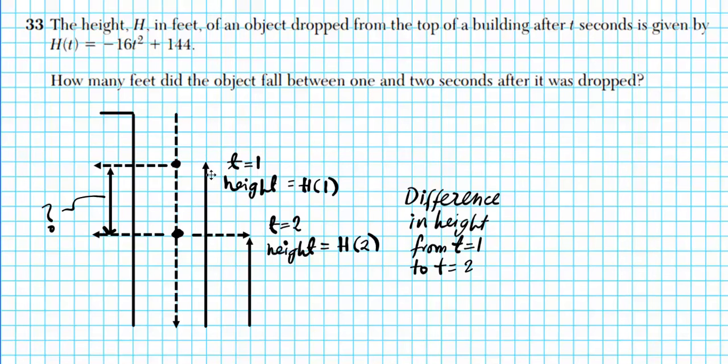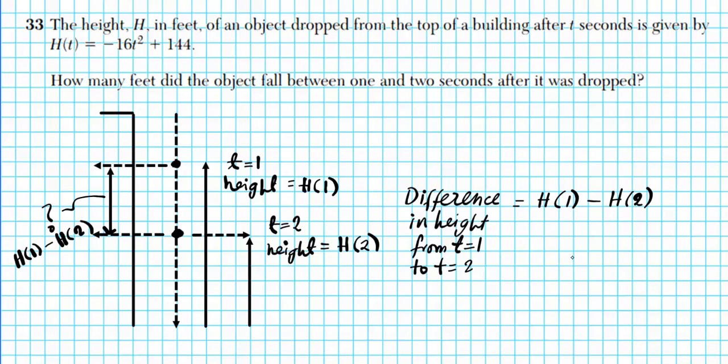Okay, so this height minus this height will give you this remaining height right here. So that's basically h of, the bigger one is h of 1 because it's higher at t equals 1, minus h of 2. All right, so that's what this is. That's what we're looking for. h of 1, the top height, minus h of 2. You're taking this bottom height from this one and you're going to be left with this portion right here.